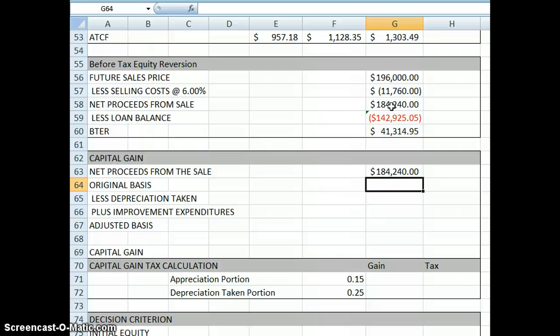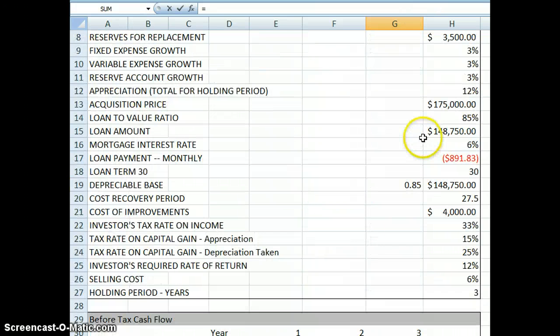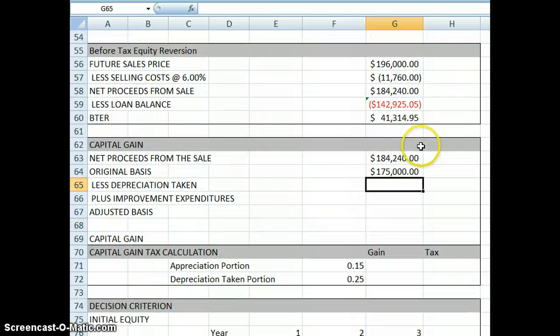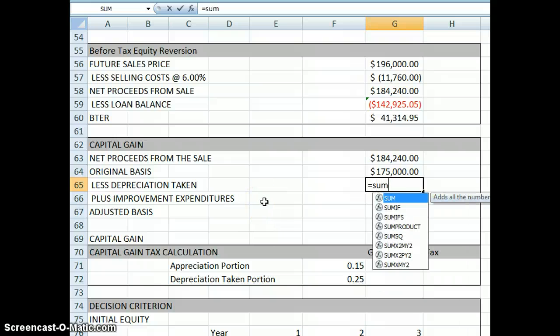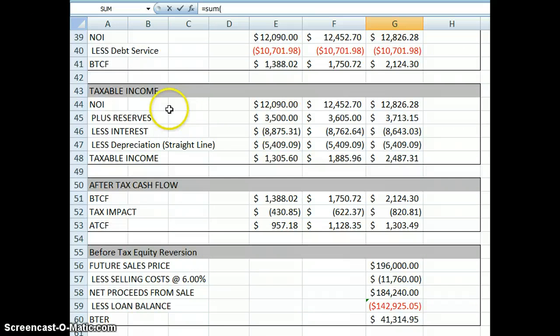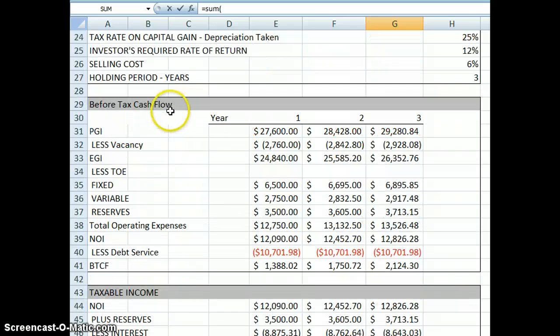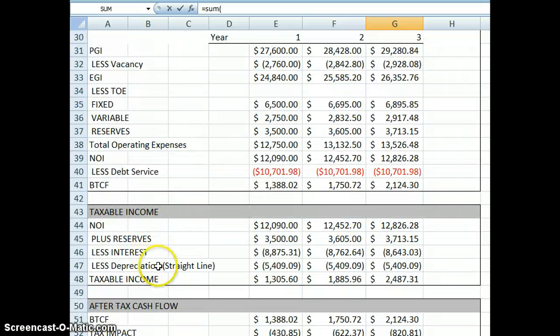And then our original basis is just our number from up here, acquisition price. Depreciation taken, that's going to be the sum of our depreciation over the years. That is right here.